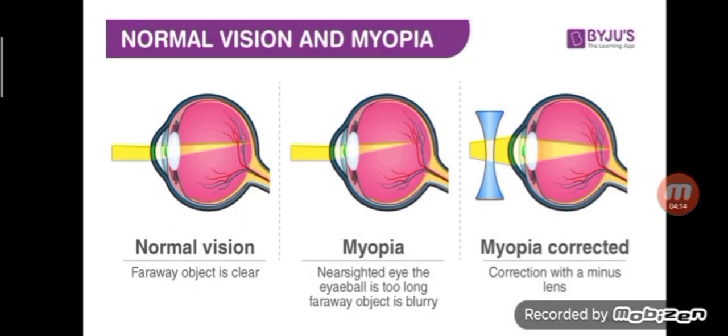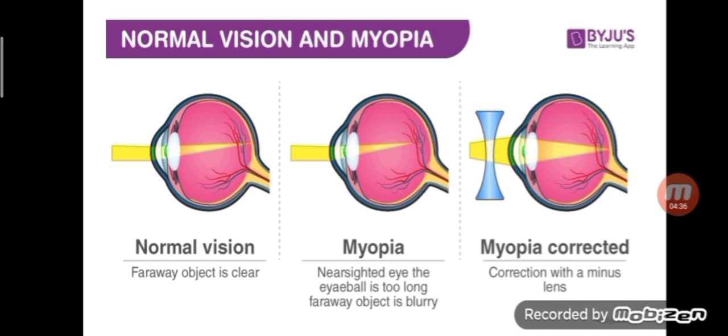So the first defect of vision is myopia. Myopia or short-sightedness is a defect of the eye in which the vision of nearby object is clear while the vision of distant object is unclear.